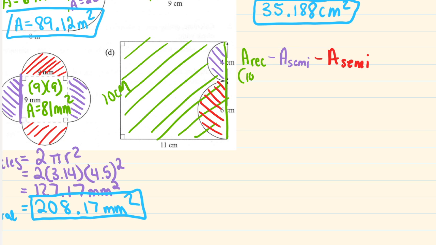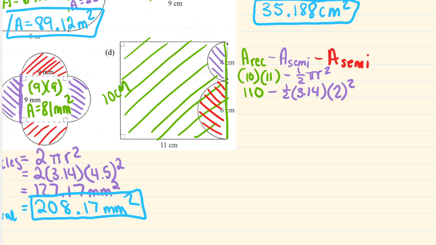So 10 times 11 is 110. Minus, it's half a circle, so we've got to include a 1/2. Pi r squared. Pi is 3.14. The radius: all the way across the circle is 4, so halfway would be 2.